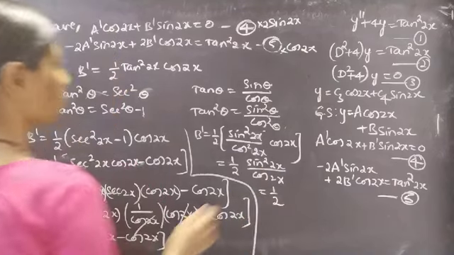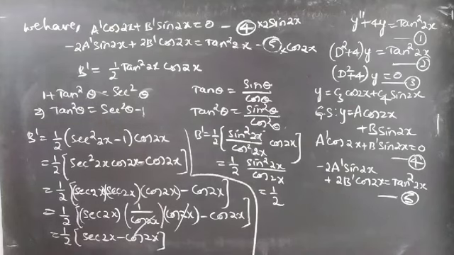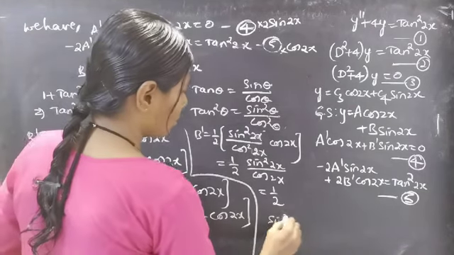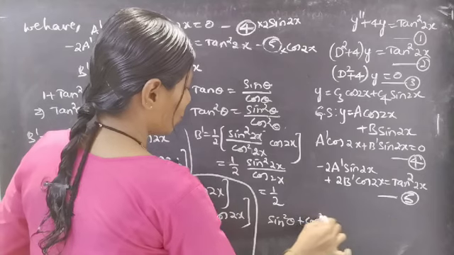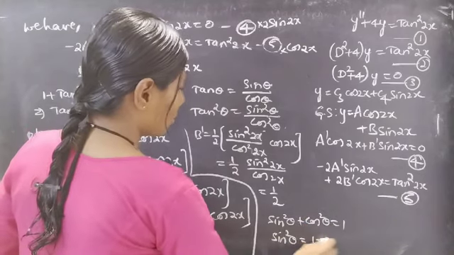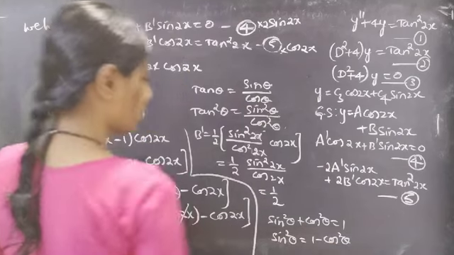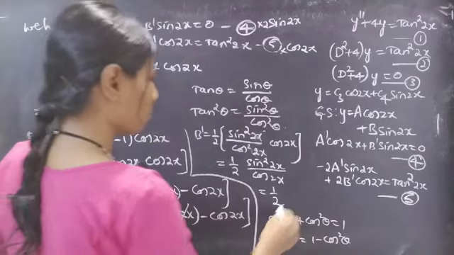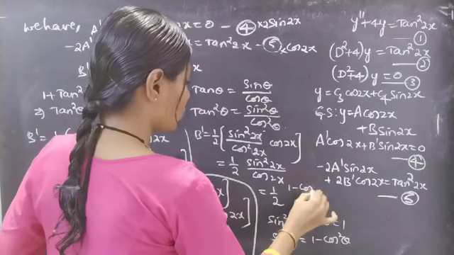which is equal to 1 by 2 into, since sin square theta plus cos square theta equals 1, from this we'll get sin square theta equals 1 minus cos square theta, right? So let's replace sin square 2x with 1 minus cos square 2x.